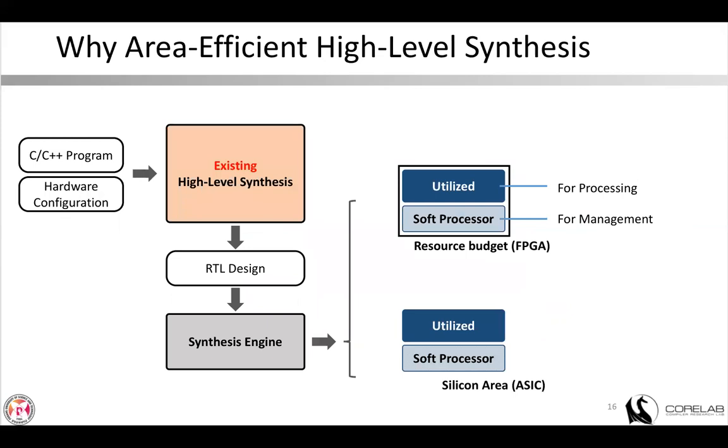Some existing HLS frameworks adopt a soft processor to manage threads and peripheral devices. However, since this soft processor consumes considerable area, it is not efficient to use a soft processor only for management.